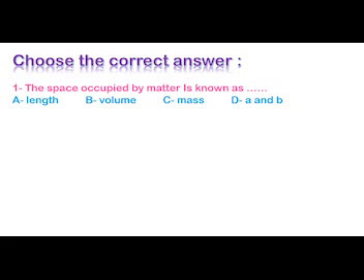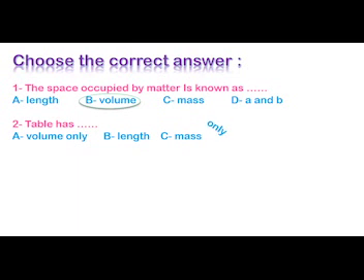Length, volume, mass, or A and B. Perfect. Volume. Question 2. A table has volume only, length, mass only, or mass and volume. Of course, the table is matter and the matter has mass and volume.